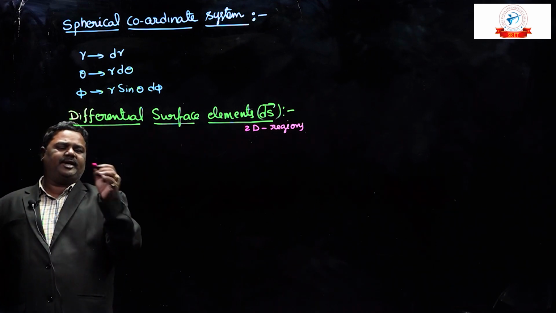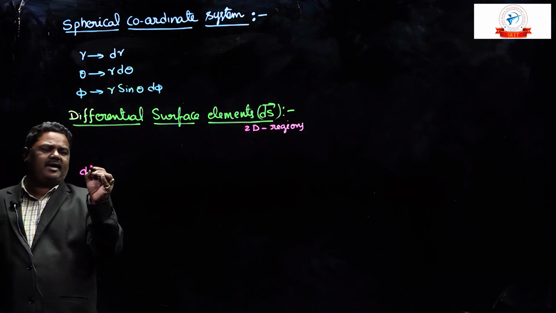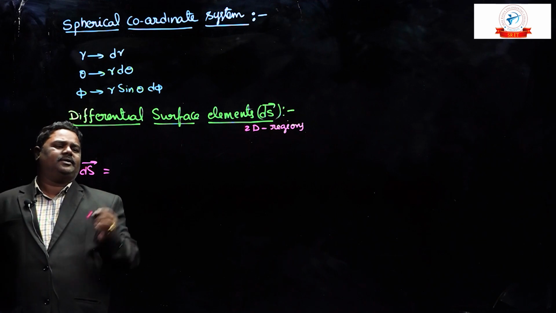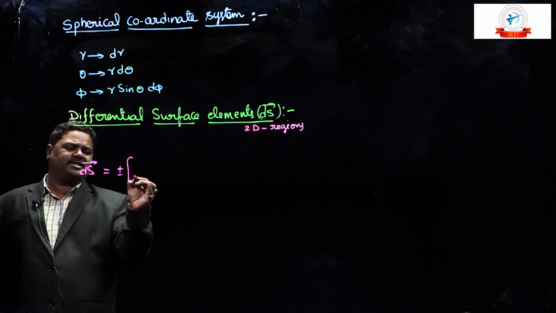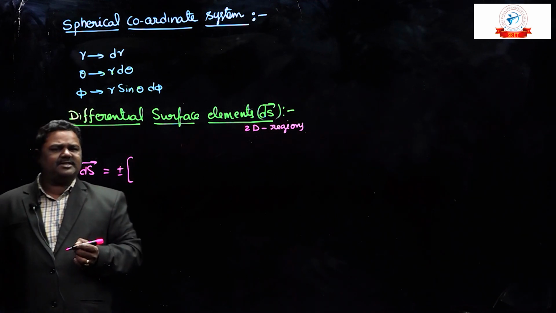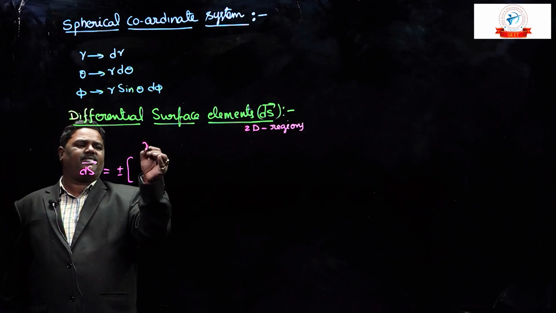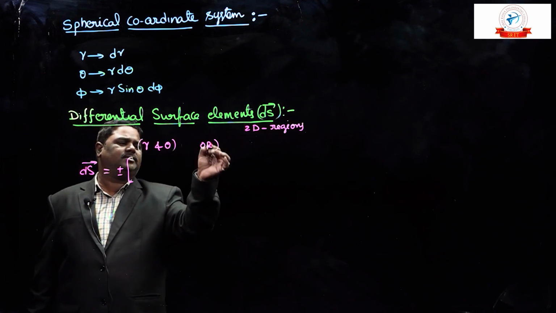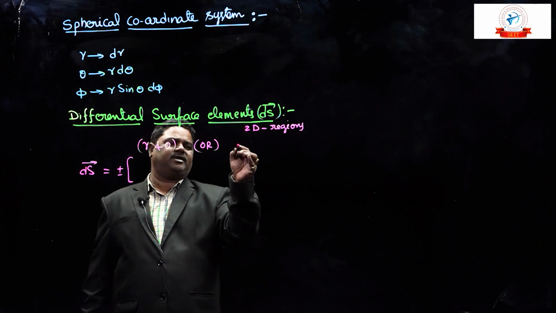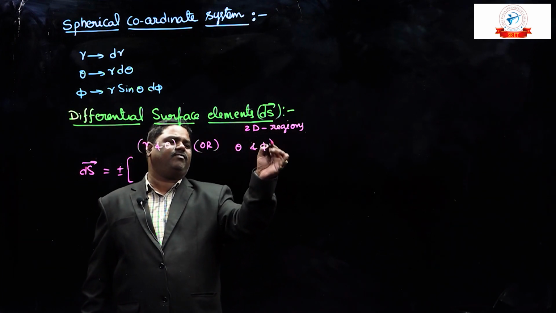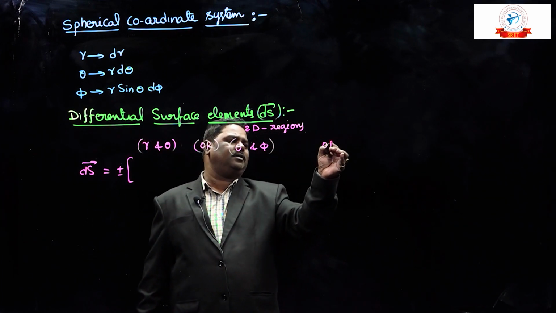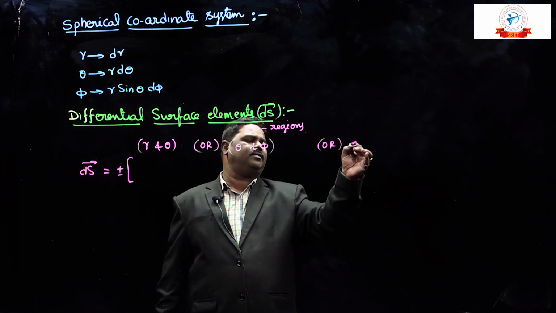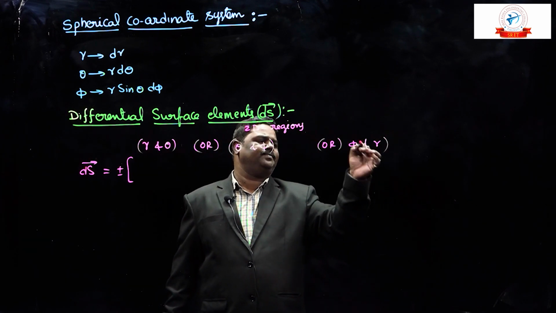So here ds bar is given by plus or minus, the differential surface element with the combination of r and theta, or the surface element with the combination of theta and phi, or with the combination of phi and r.